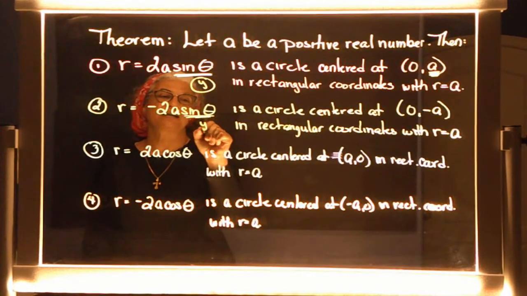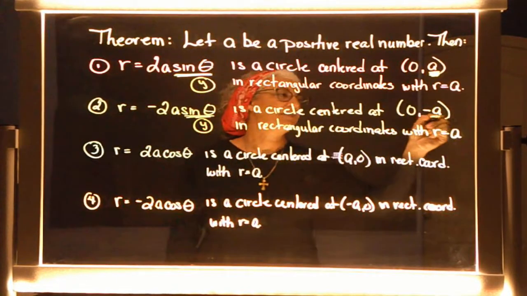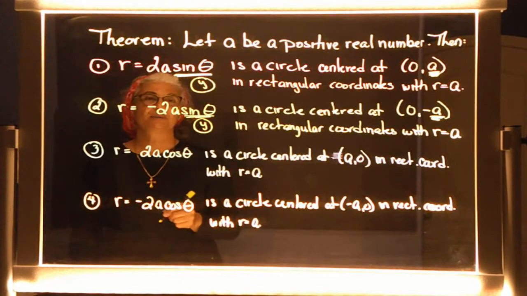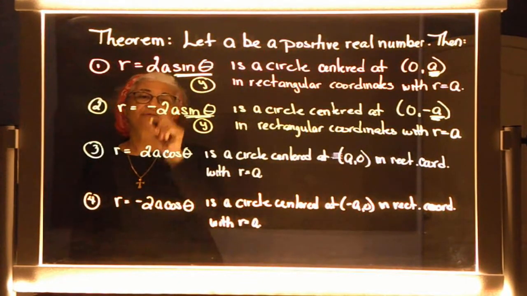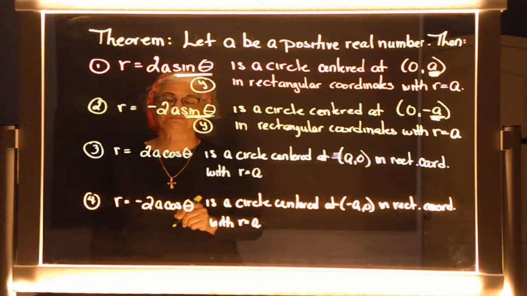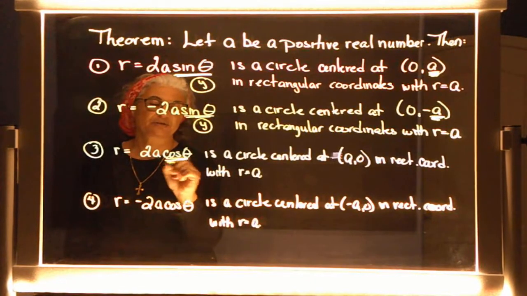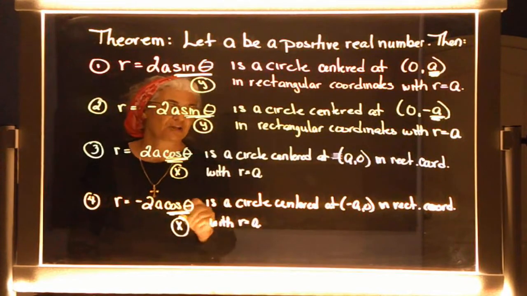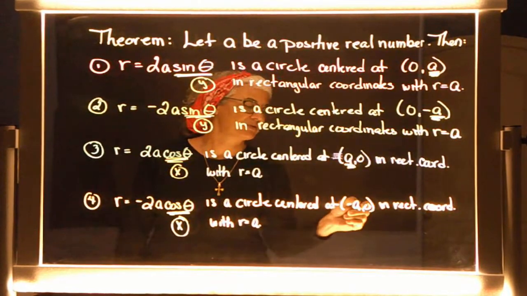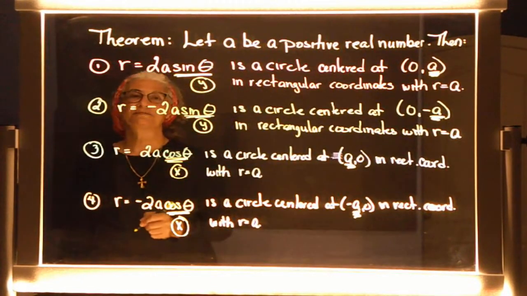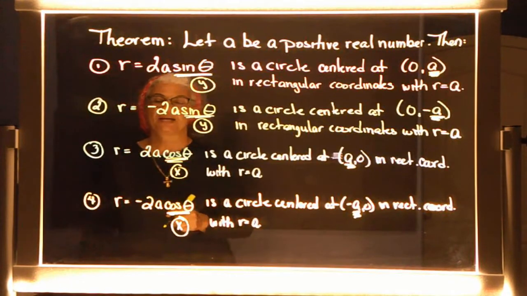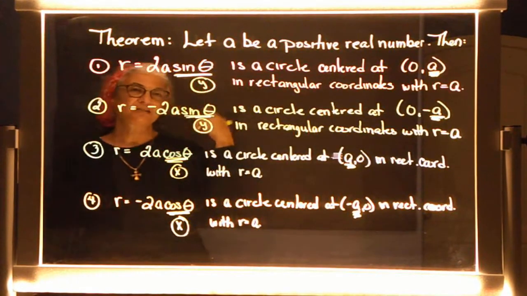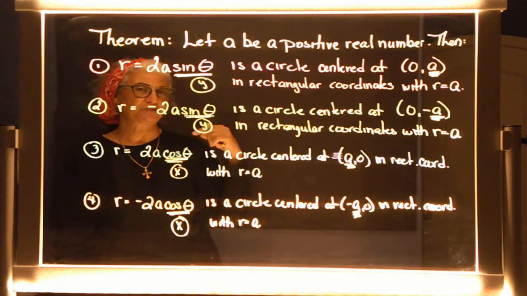We're dealing with sine, which represents y, and the negative a is in the y position. There's a negative in front here. Okay? On numbers 3 and 4, we're dealing with cosine. Well, cosine refers to the x, doesn't it? Notice the a is in the x position. Is it not?